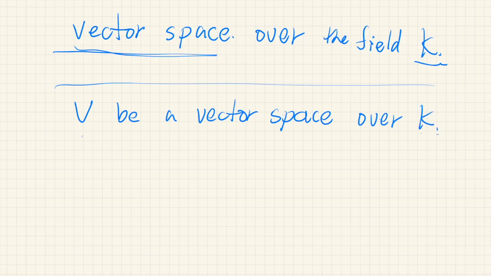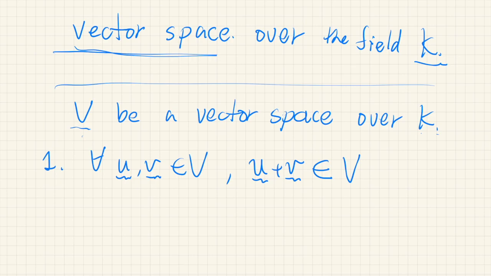Anyway, so here are the properties. For all vectors U and V in this vector space, we have U plus V is also an element of V, the vector space. So this is called the closure condition.